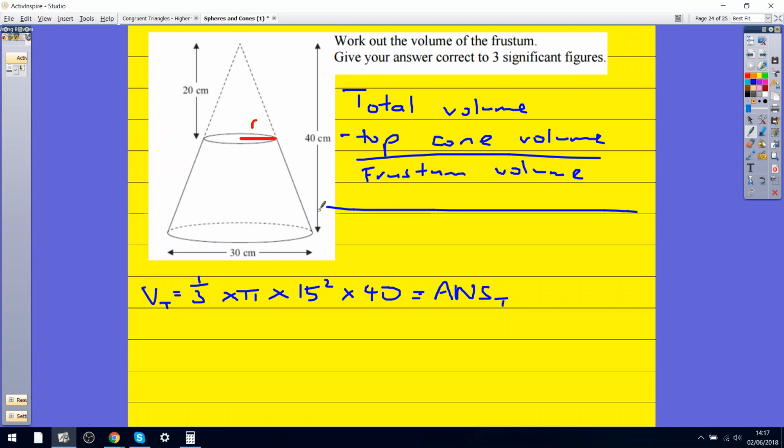Yep. So basically, it's like similar shapes. They're similar solids. The total cone is an enlargement of the little one, scale factor 2. So if it's half the height, it'll also be half the radius.